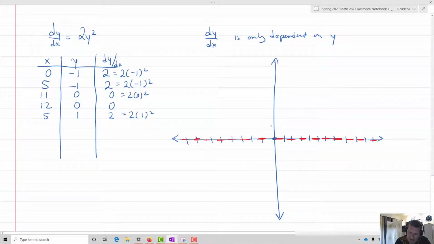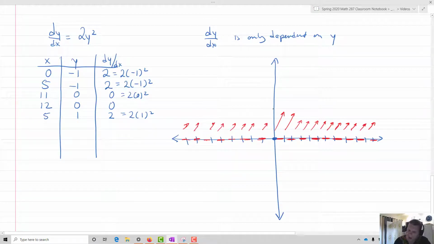When y equals 1 now, I'm going to get a slope of 2. So say, for example, it looks something like this. Everywhere along that line, and we'll make them a little bit smaller so you can see, the slopes are going to be exactly the same. We're basically just drawing some little vectors in there to represent our slopes.